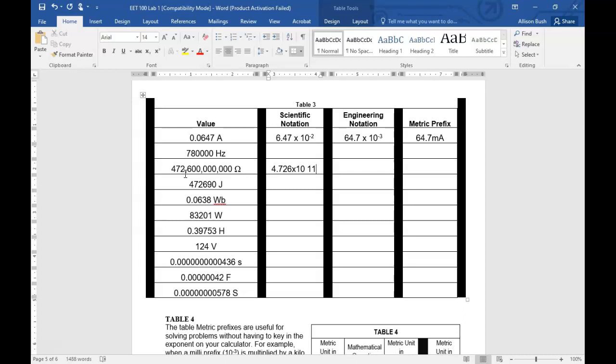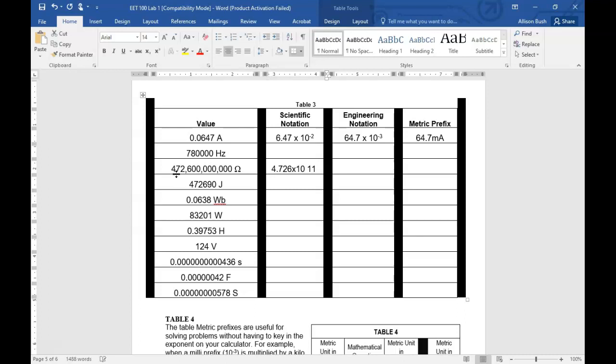No, I don't. Only one number between 1 and 9 for scientific. So I move it forward 2 more places. So that's 10 and 11. I end up with 4.726 times 10 to the 11th. Does that make sense?